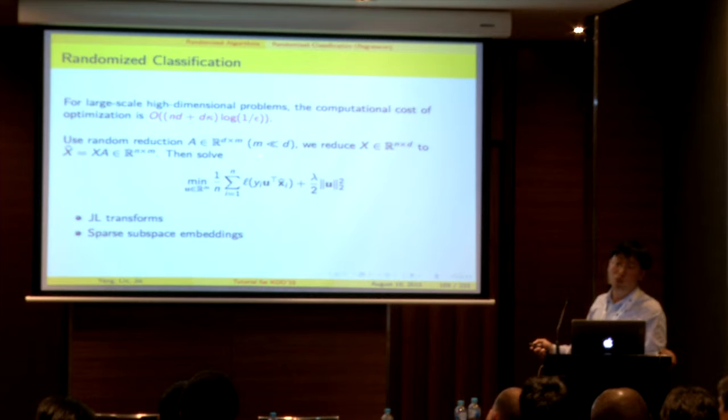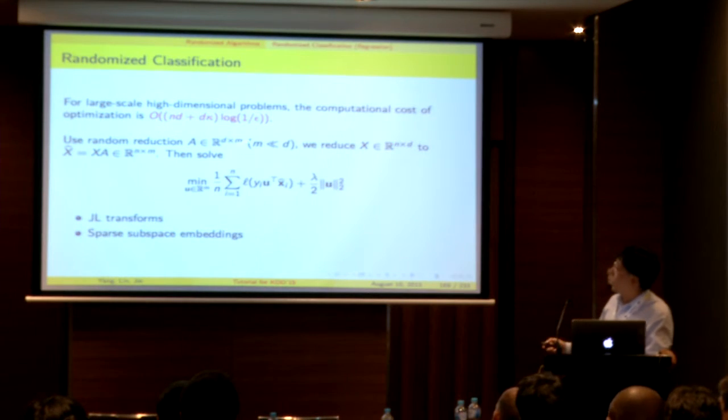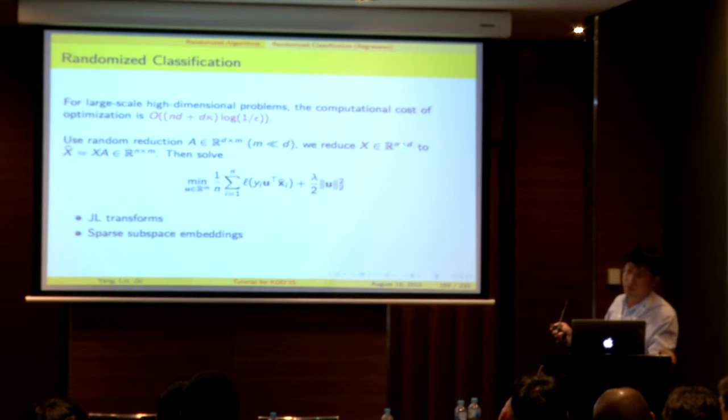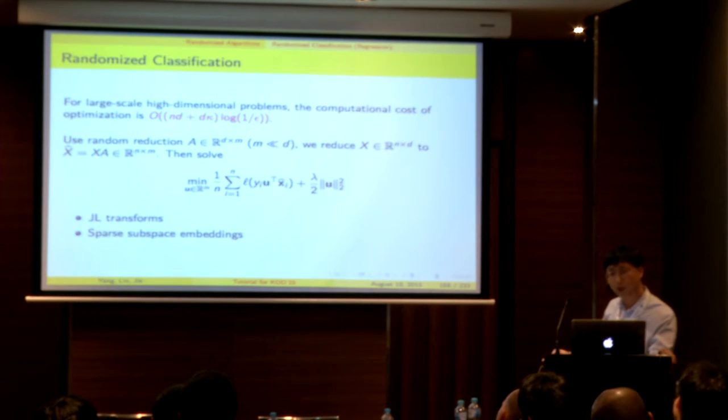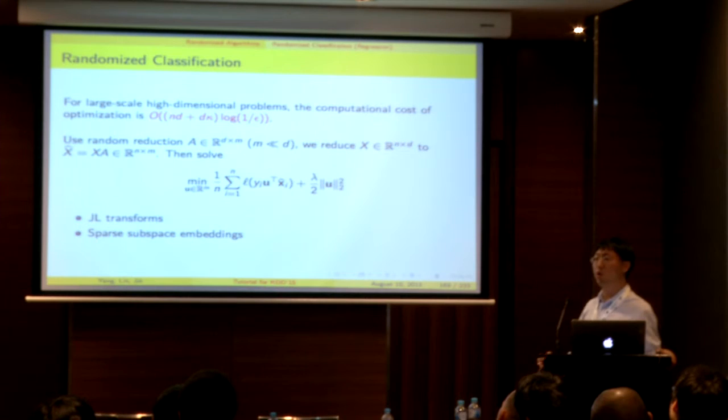This m could be much, much smaller than the original dimensionality d. We apply that to the data matrix X, with n rows and d columns, by multiplying X by A, so we get the new data matrix with n rows and m columns. Now we have much smaller dimensionality compared to the original data, so the data size is much reduced.